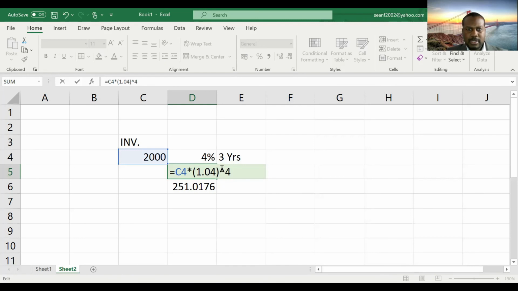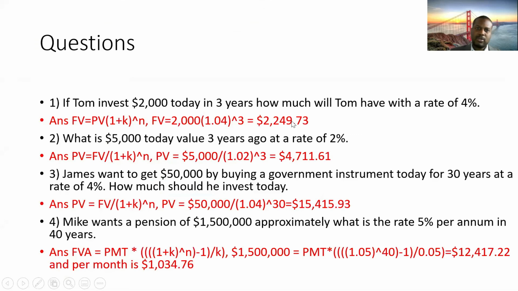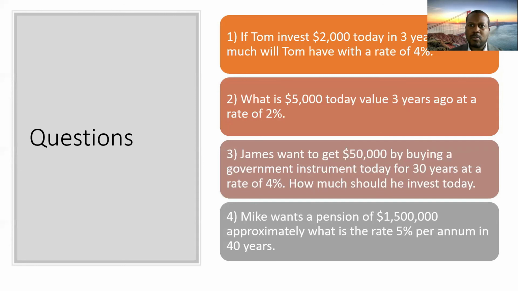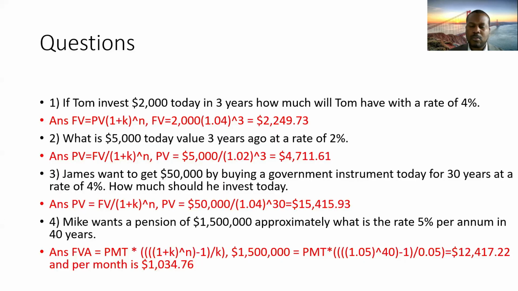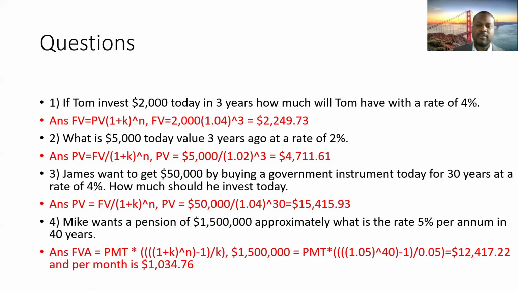So that's 4% here, that's 3 years, and therefore it's 2249.72. Yes, 3 years, 4%. Good.